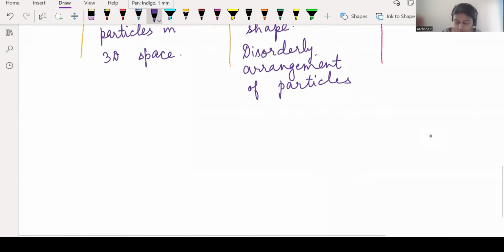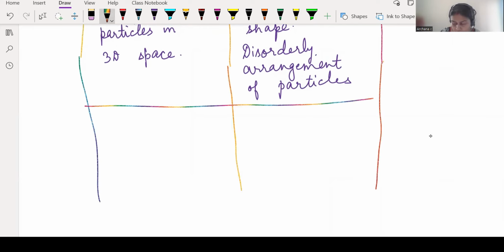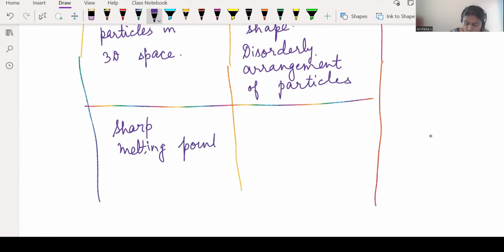Important point is the melting point. So the crystalline solid have a sharp melting point, whereas amorphous ones do not have a sharp melting point.